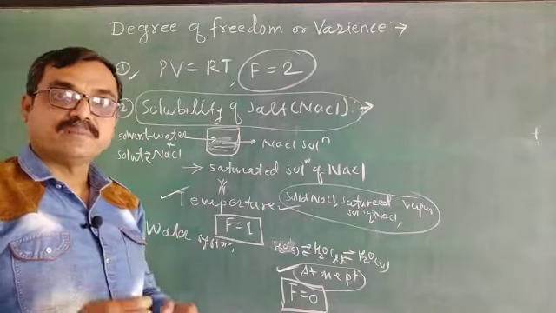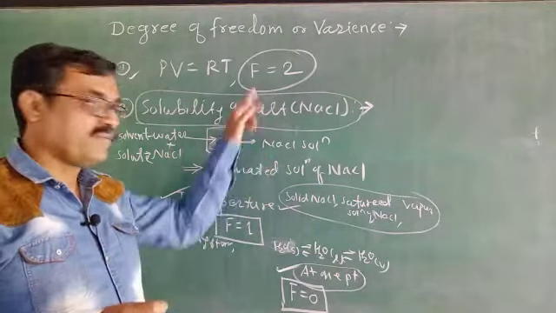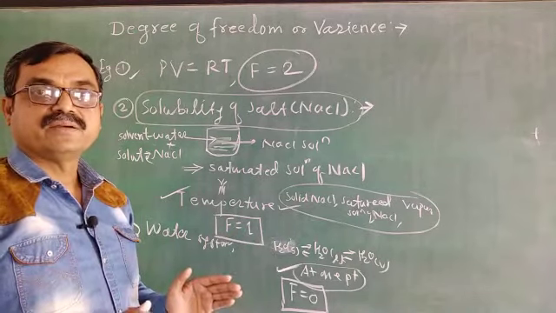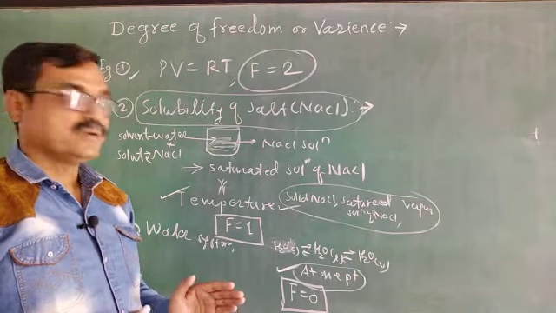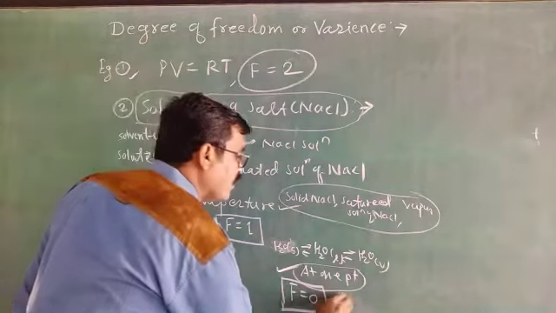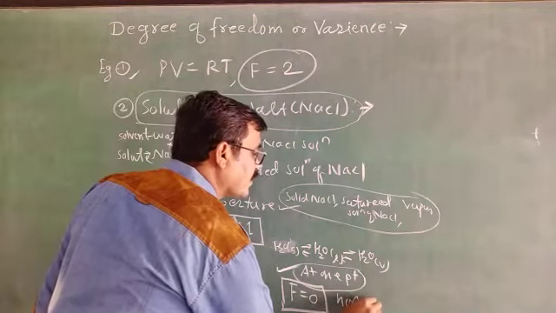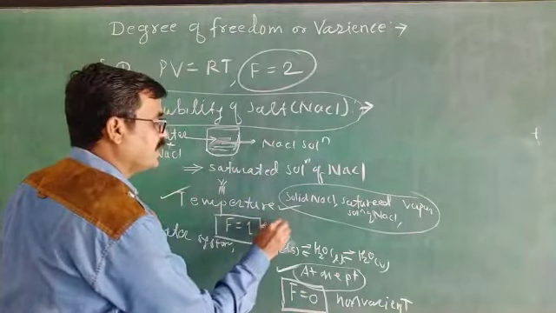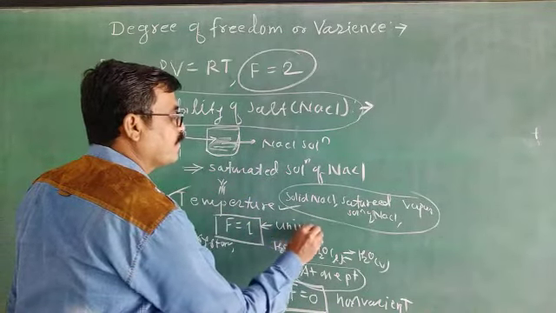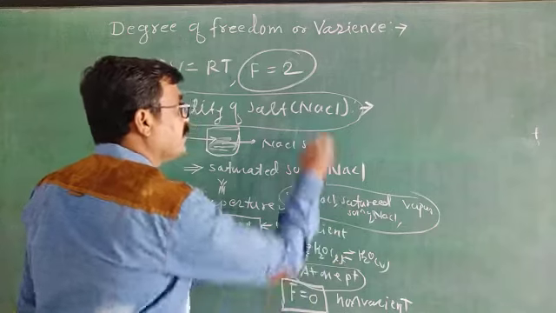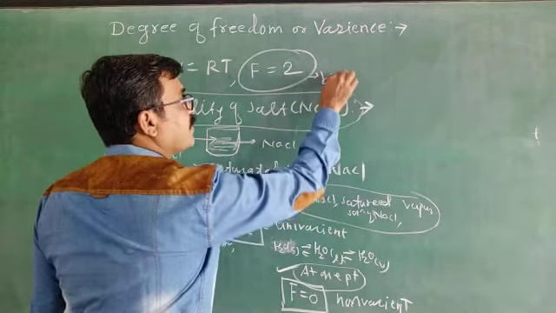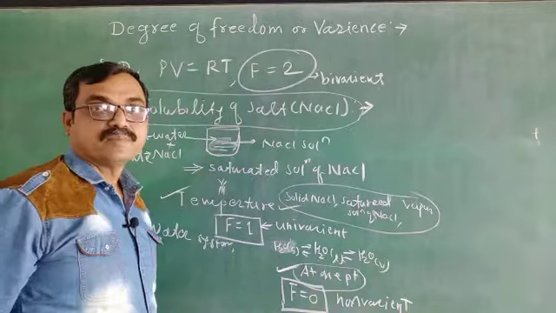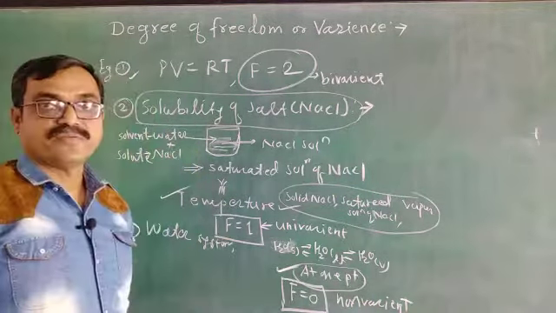Depending upon the value of F, systems are classified as zero variant, or non-variant, univariant, and bivariant. This is degree of freedom.